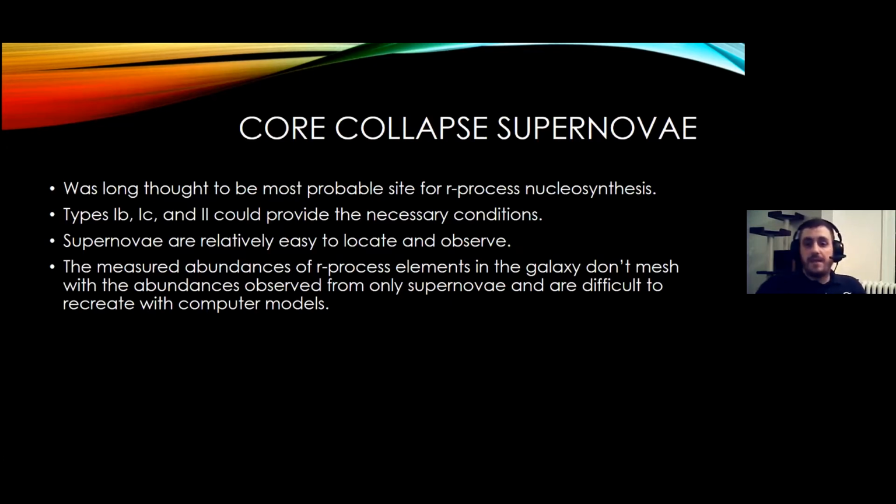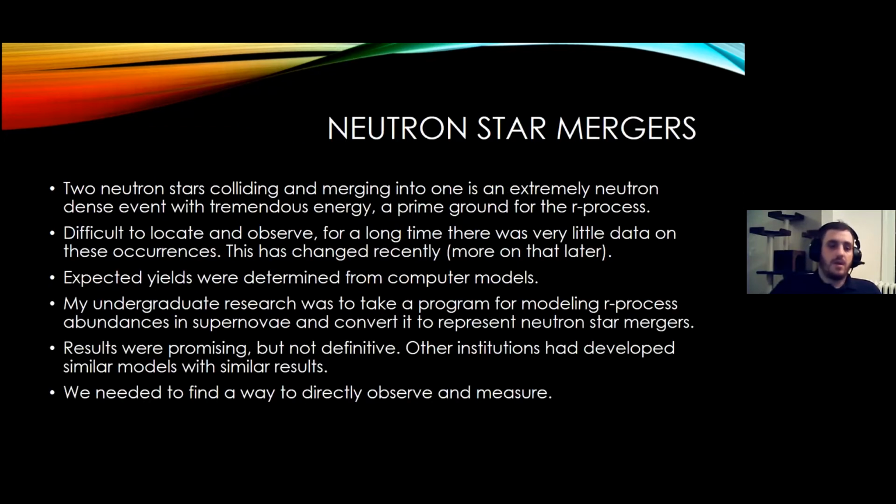One of the prime candidates for that something else, thought to fill in those gaps, was neutron star mergers. Now, neutron stars are the remnants of some supernovae of very massive stars, and they are just giant balls of neutrons. That is pretty much all that they're made of.